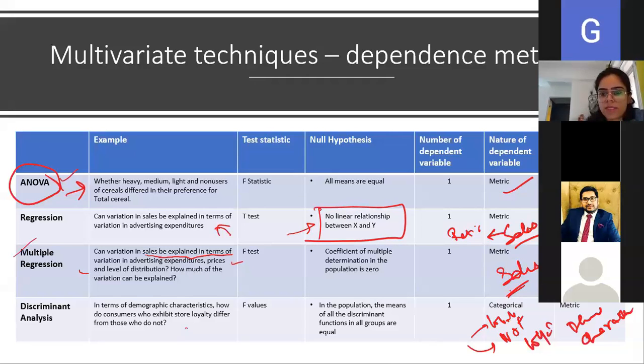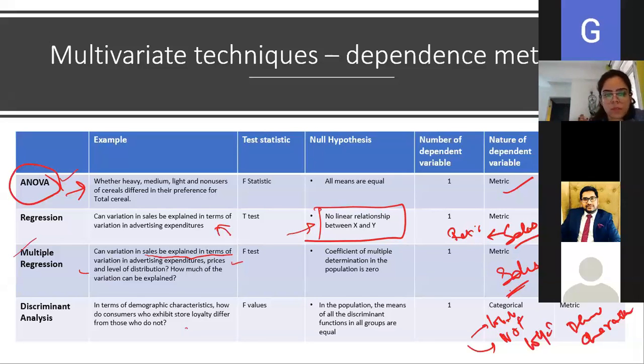So if I get that there is a linear relationship between x and y, what can I do? We reject the null hypothesis and we say that there is a linear relationship between x and y. And so we can conduct regression.